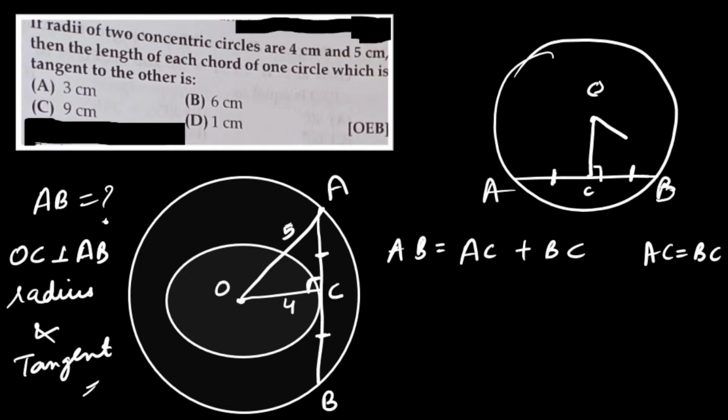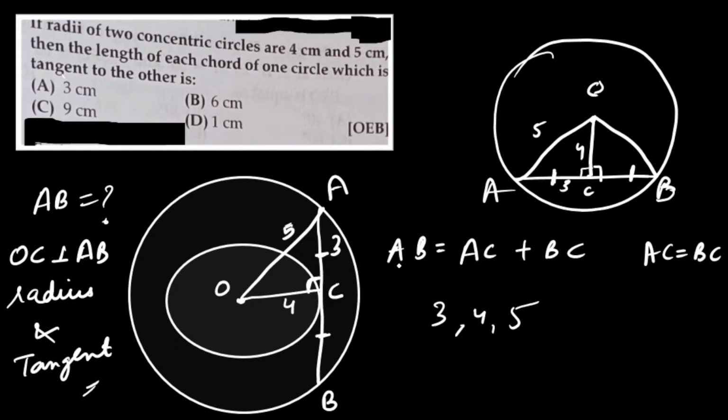Now if we see this triangle, OB, here this side I have taken. OA is 5, OC is 4. So what will be the length of AC? Yes, AC is equal to 3 centimeter, because in a right angle triangle we know 3, 4, 5 are Pythagorean triplets.